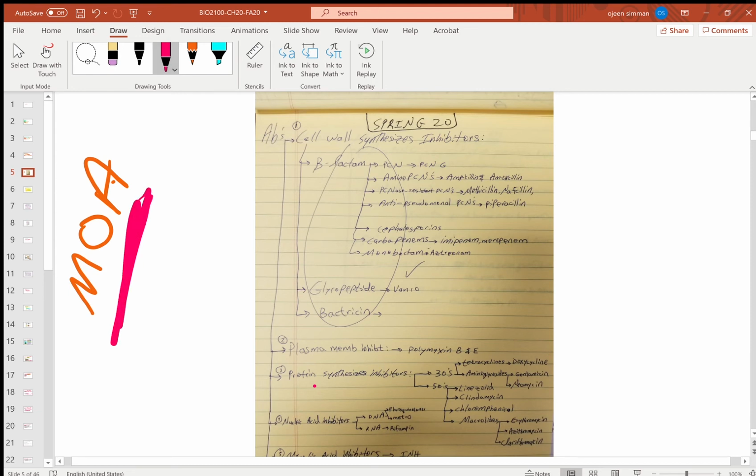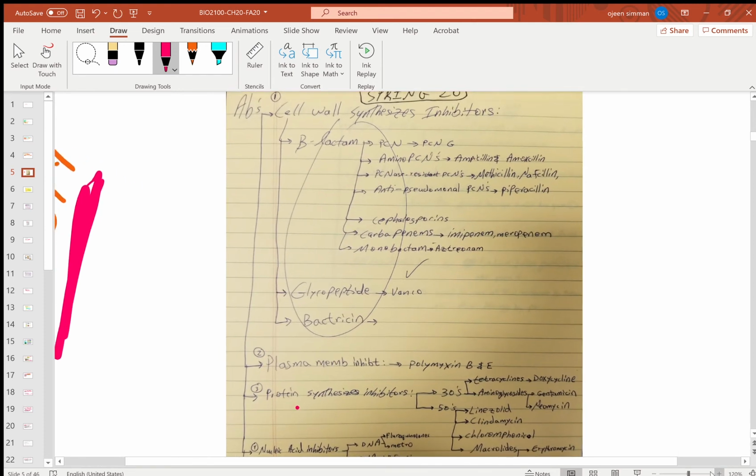These are the mechanisms by which different classes of antibiotics kill bacteria. I'm going to tell you, if you are still weak and unfamiliar with the anatomy of a bacterial cell, this chapter will be extremely difficult for you.